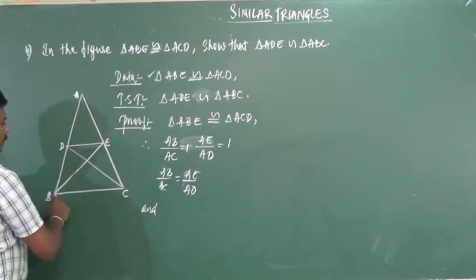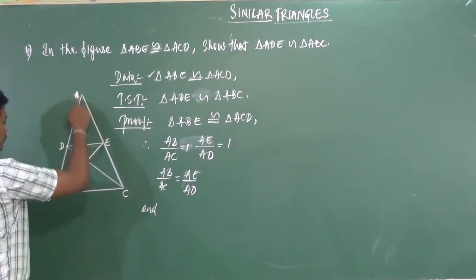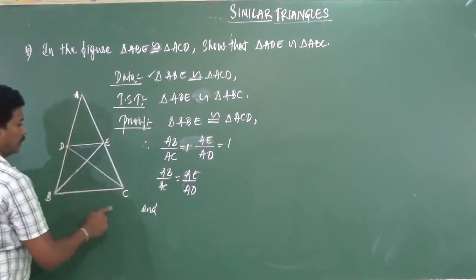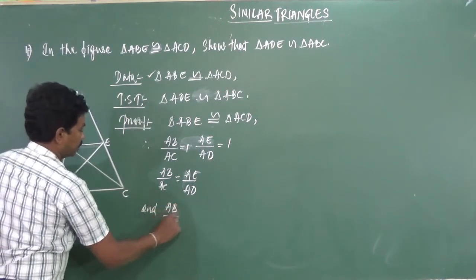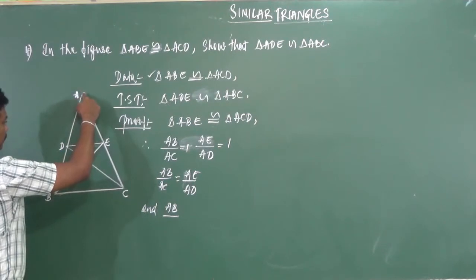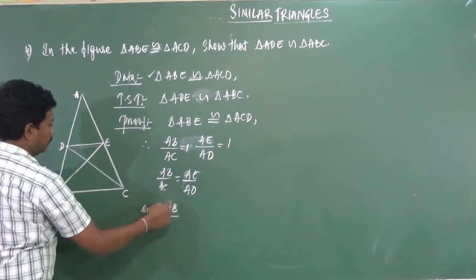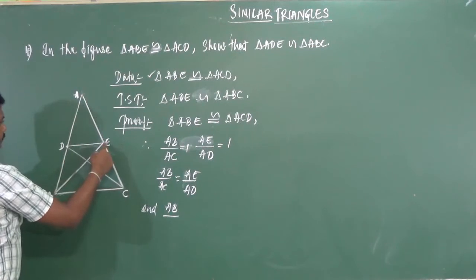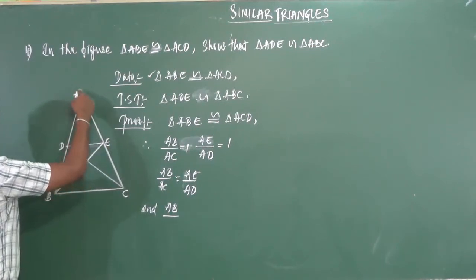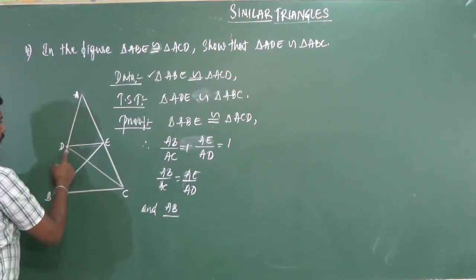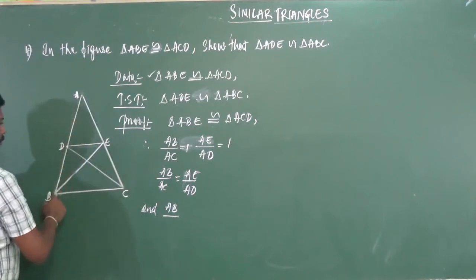AB by AC is equal to AE by AD, and this can be written as AB by AE is equal to AC by AD. This can again be written as AB by AC.